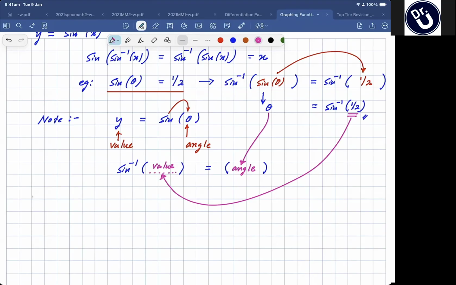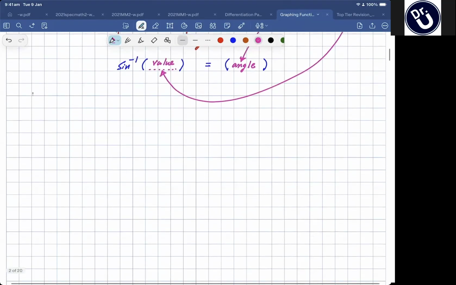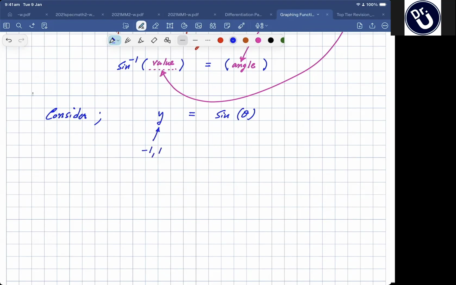Now, we'll try to understand more. Consider y is equal to sine theta. So the range of y is minus 1 to 1. That we know. So what about theta?